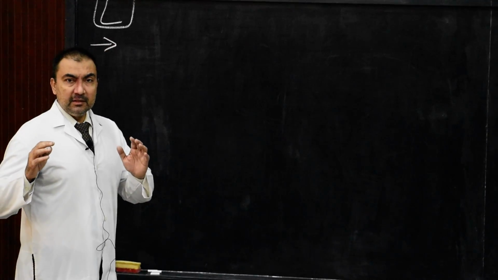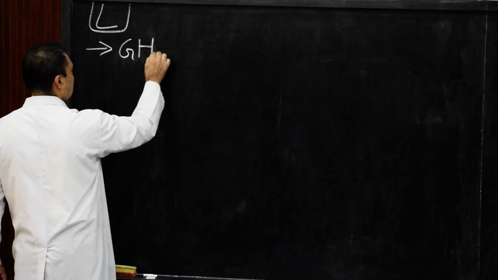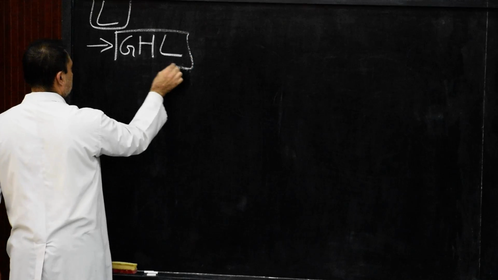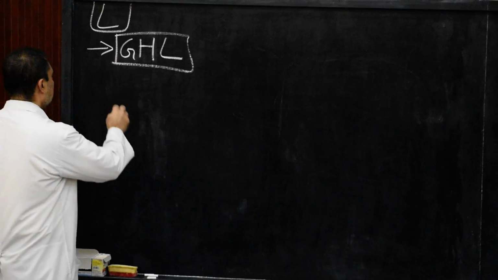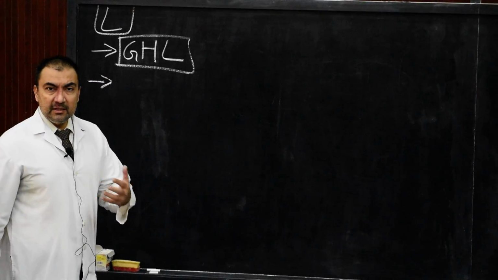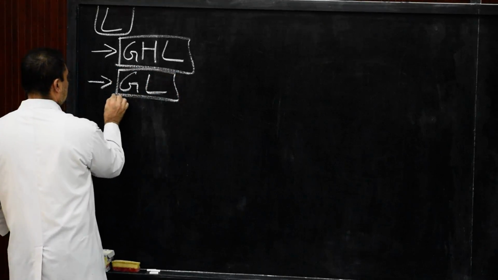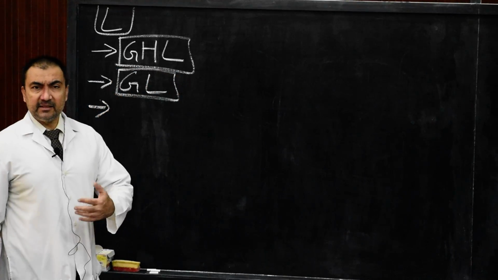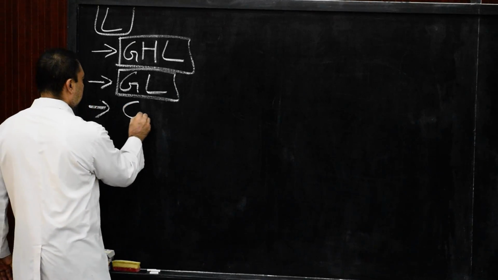This will be the glenohumeral ligaments. Then we come up with the glenoidal labrum, another ligament. Then we come up with the next ligament, that will be coracohumeral ligament.